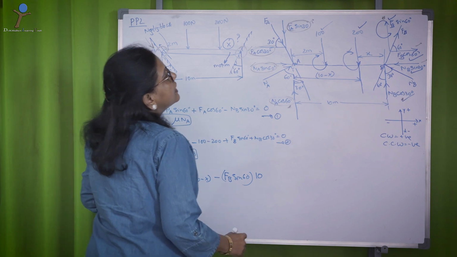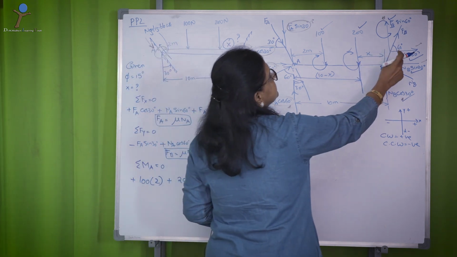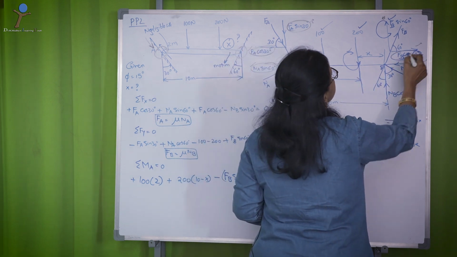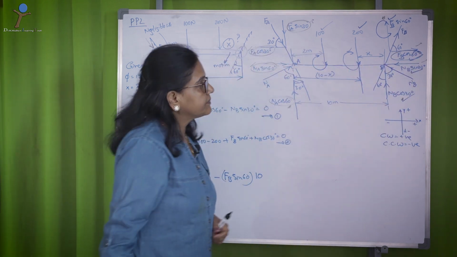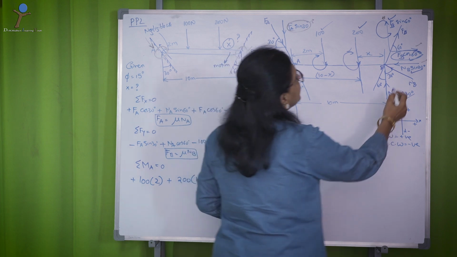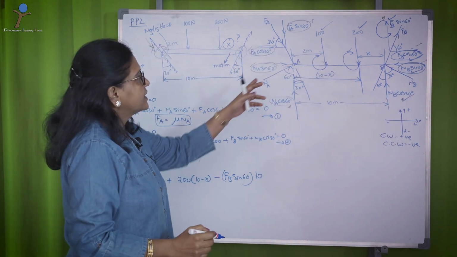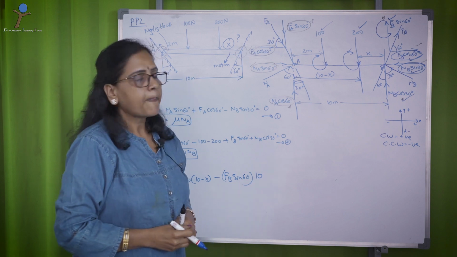Then your FB cos 60 cannot contribute to the moment because it is lying on the same axis. Similarly, your NB sin 30 cannot contribute because it is lying on the same axis.